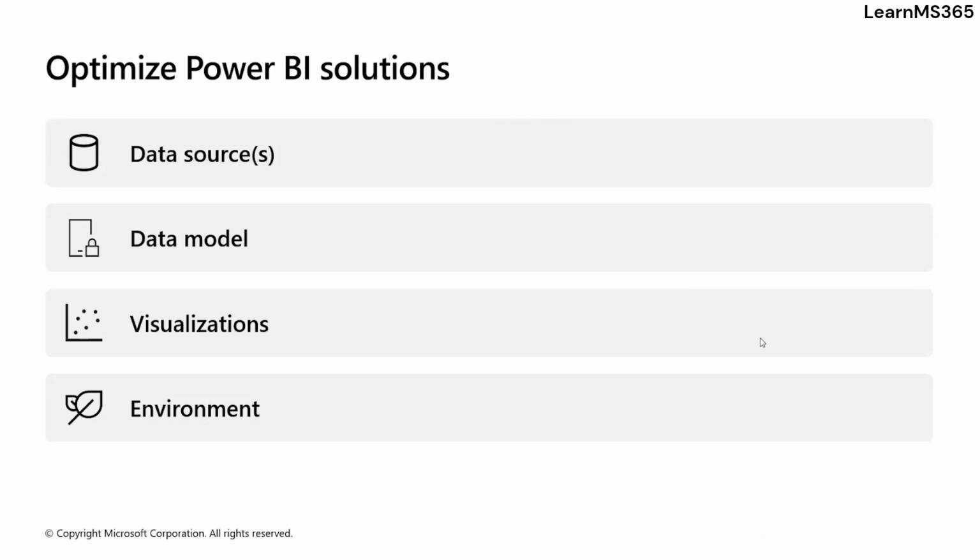So it is important to understand your options and to choose the appropriate dataset type for your solution, whether it's import, direct query, or composite. You can optimize the Power BI environment by configuring capacity settings, sizing data gateways, and reducing network latency.